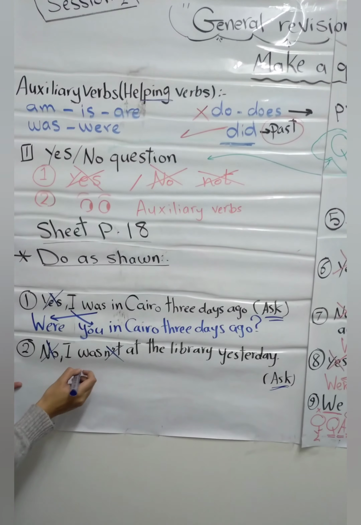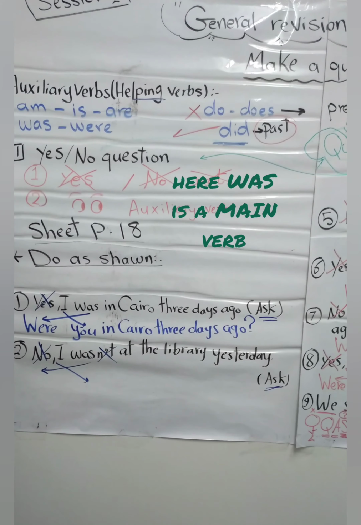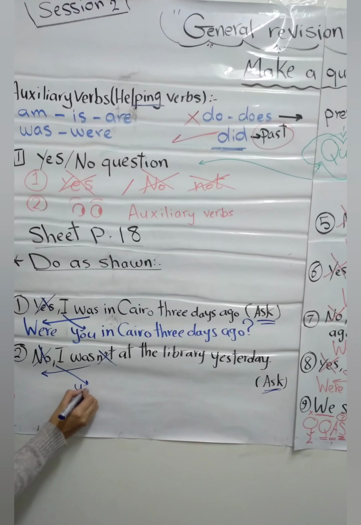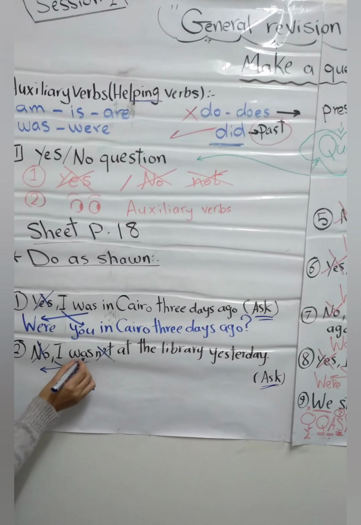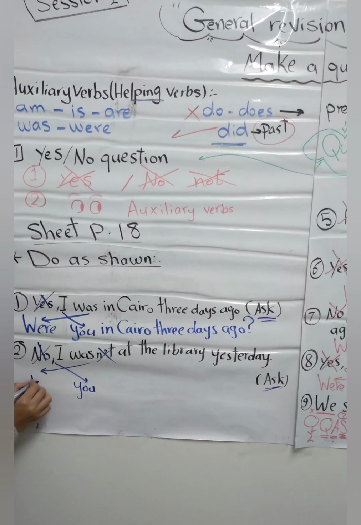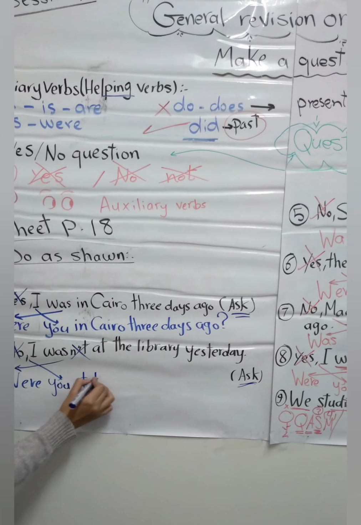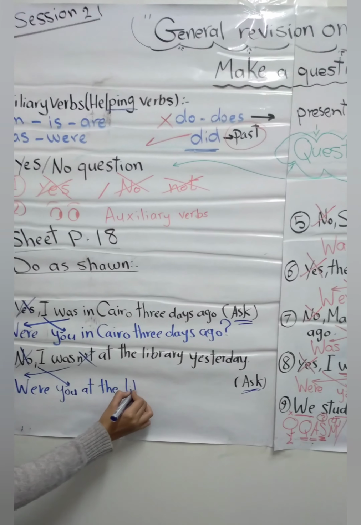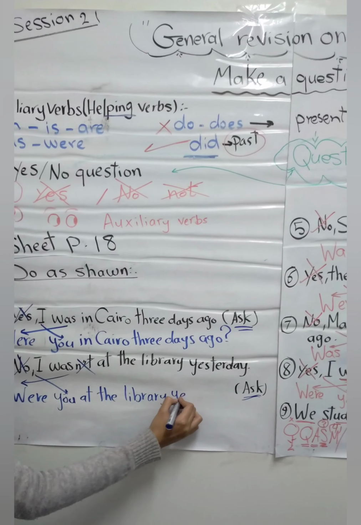Here we have was, so make a cross between was and I. I becomes you, and you doesn't take was, it takes were. So, were you at the library yesterday?